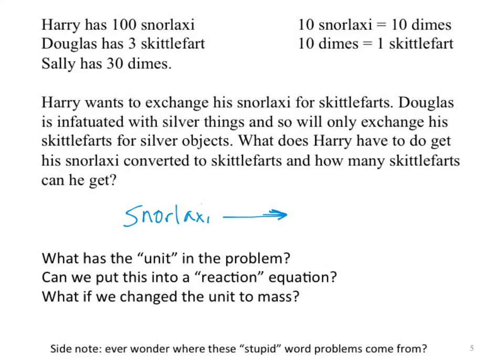What's our product? We're trying to get into Skittle farts. Kind of. Okay. Is there something that we needed to use to be able to get between Snorlaxy and Skittle farts? Dimes. Why would we write dimes above the arrow?